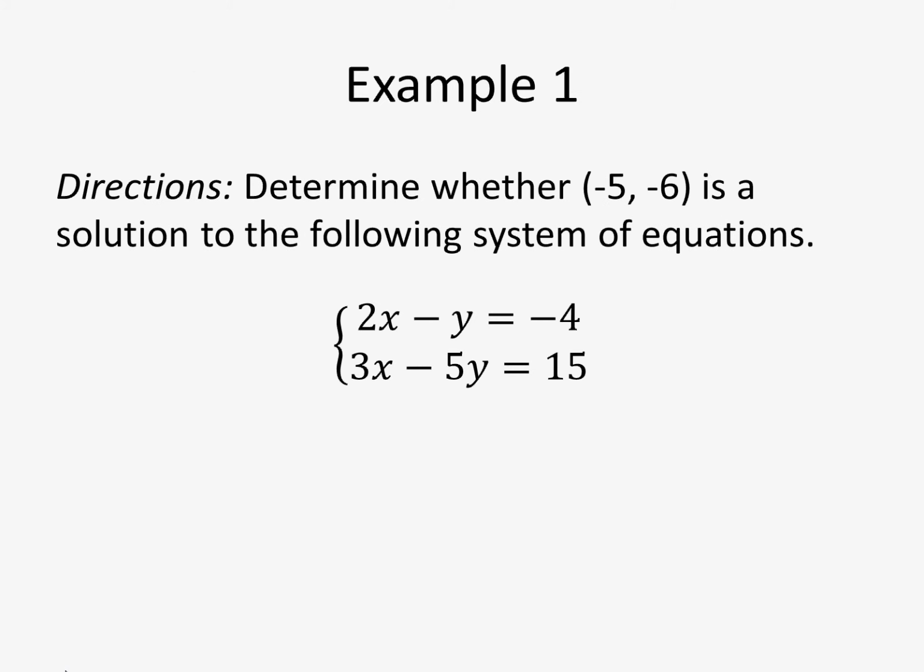Okay, so here we want to determine if -5, -6 is a solution to the following system of equations. So let's examine that. Now, this is the graph of a line. Okay, I mean this is the equation of a line. So here in this equation there are infinitely many x and y points, or x and y coordinates.